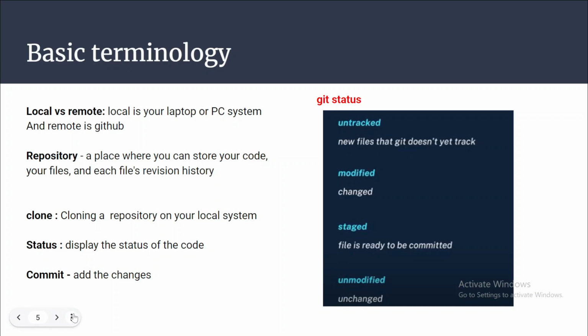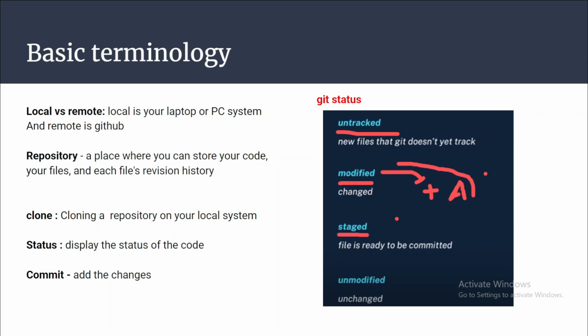Untracked means, for example, you are adding a new file which is not tracked by Git. Modified status means you are making changes and Git will show that you have updated the file. Staged means a combination of modification plus adding, like you are updating a file and then you are adding those files.